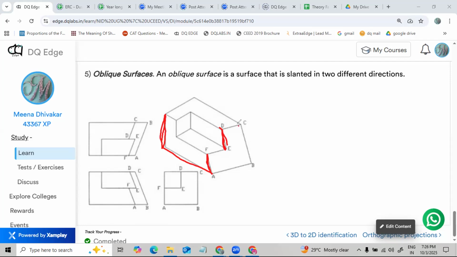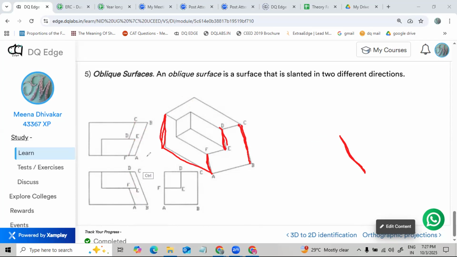So the object is something like this and something tilted like this. So there are two different oblique surfaces here because there are two different slanting lines, which are changing their direction. Can you see this? So there is an oblique surface which exists here.